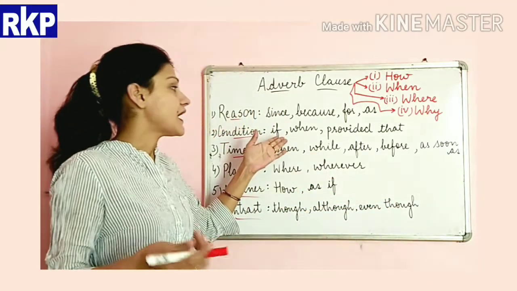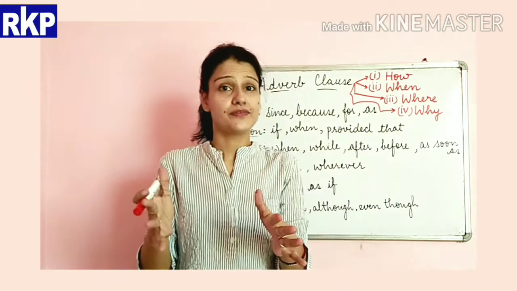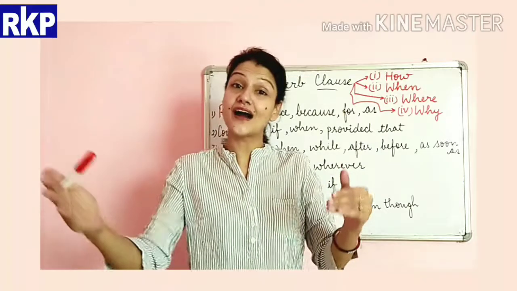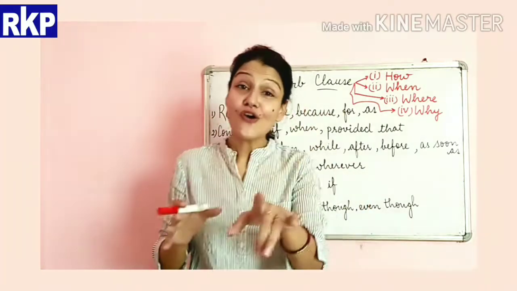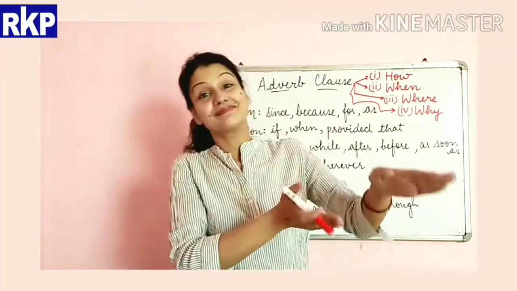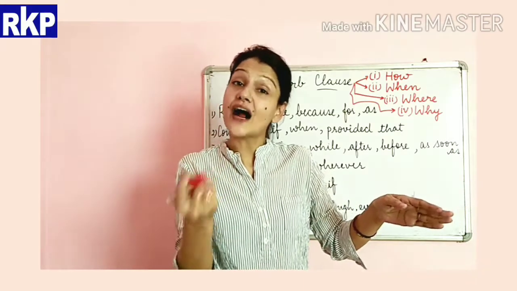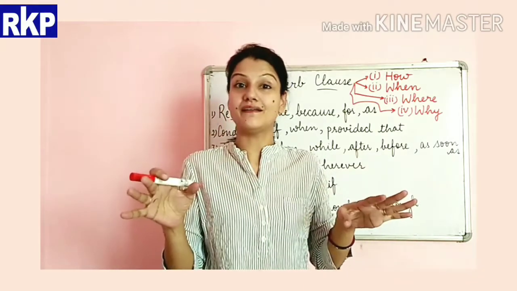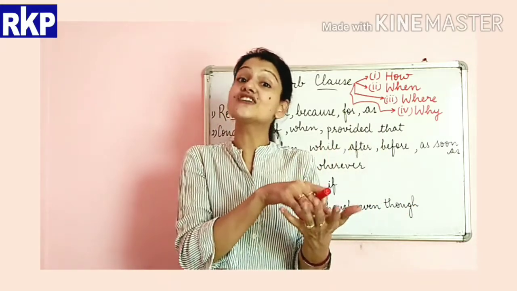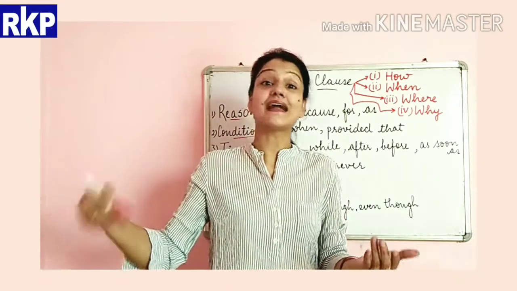So I can say: if you work hard, you will succeed. Your success is dependent upon the amount of hard work you put in. So there is a condition that if you work hard, then only you will get success.